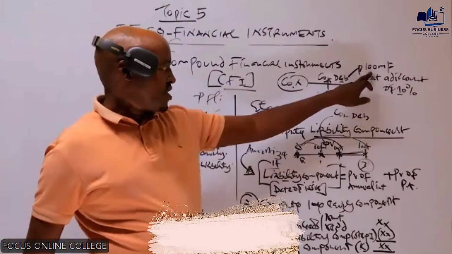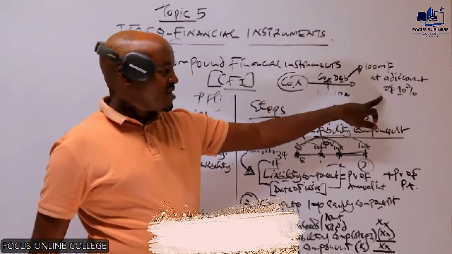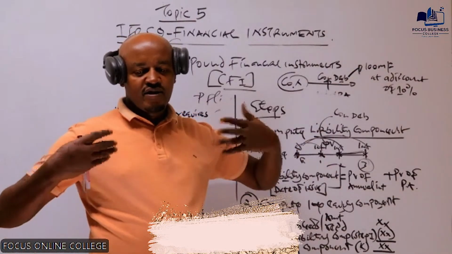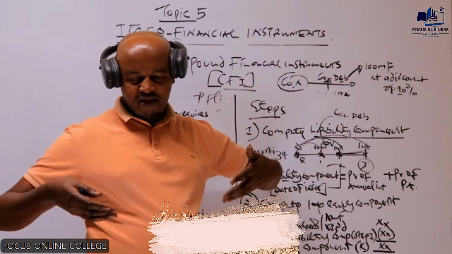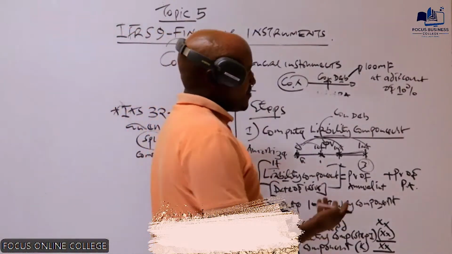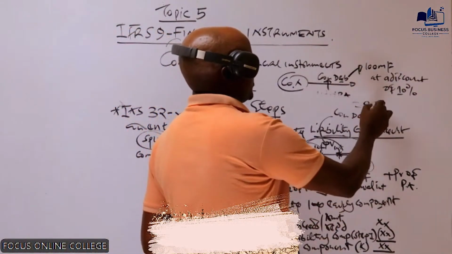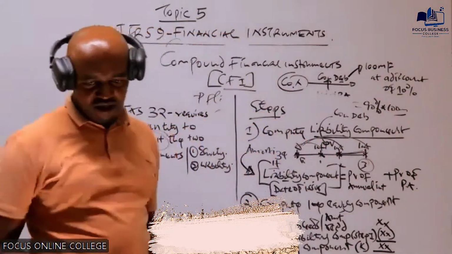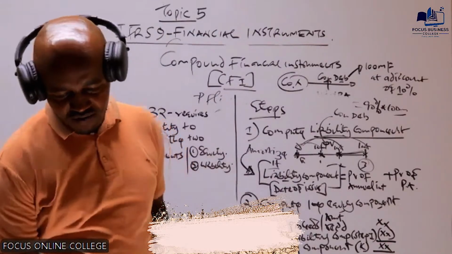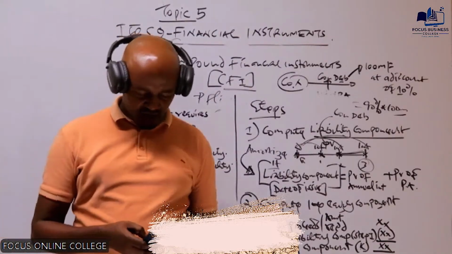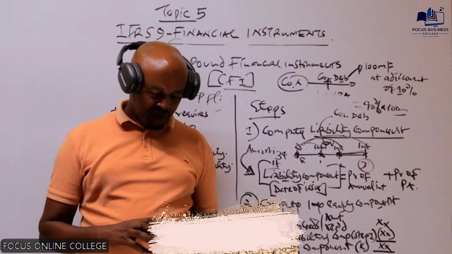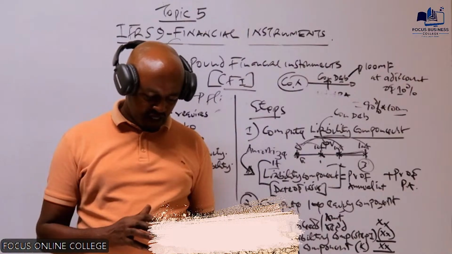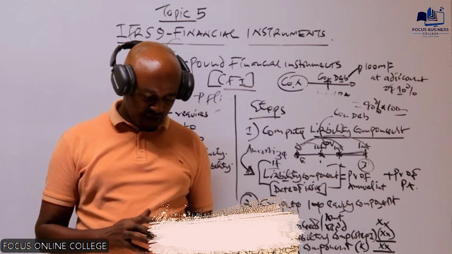The debentures issued had a value of 100 million, but you can see they were issued at a discount of 10%. Did our company receive the full amount of 100 million? Yes or no? No. The amount received in this case would be 90% of 100 million. So the amount received is always computed based on the information which is provided. The examiner will give you information which will assist you in computing the amount which was received.